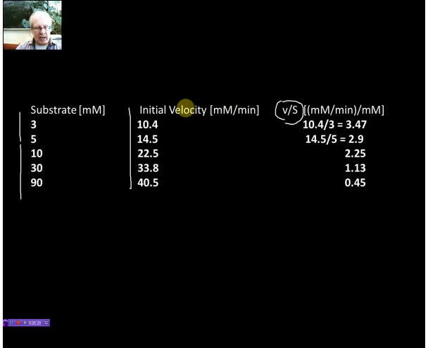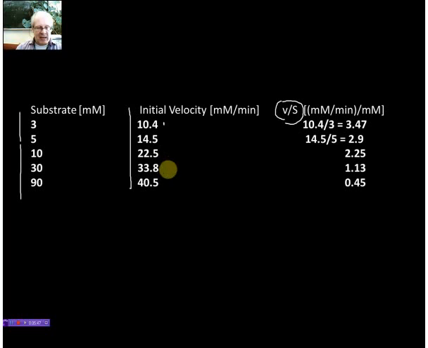So all we need to do is really calculate this value, 10.4 divided by 3, and that gives 3.47. So that was our first calculation. We then calculate 14.5 divided by 5. So I've written that here, 14.5 divided by 5 gives us 2.9, and so on and so forth.